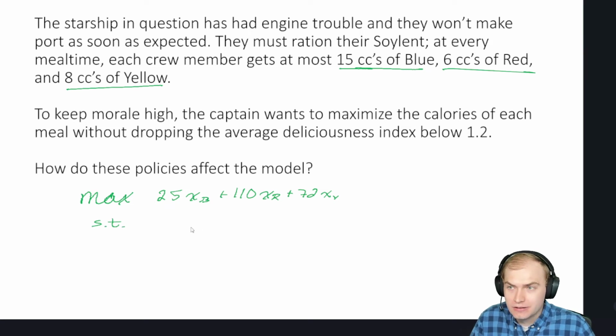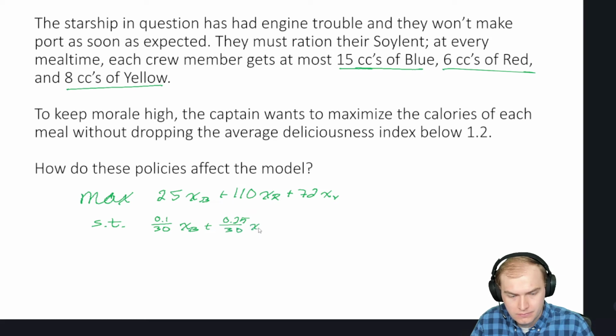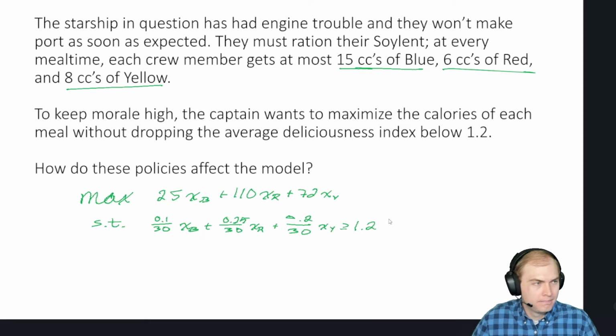Such that, our constraint now is that our deliciousness index is bounded instead of being our objective.